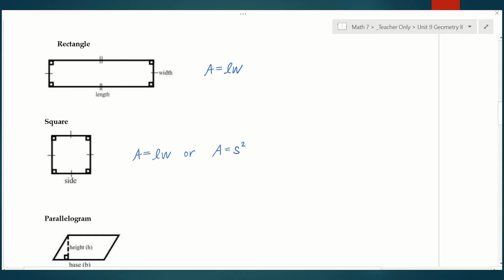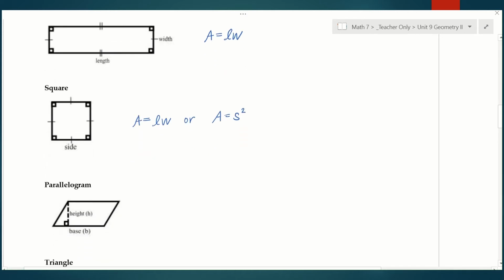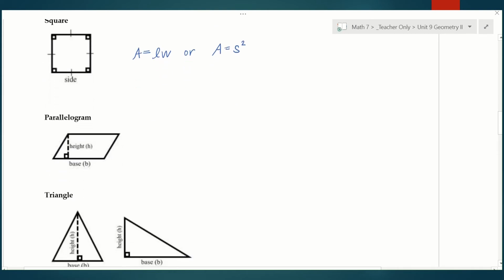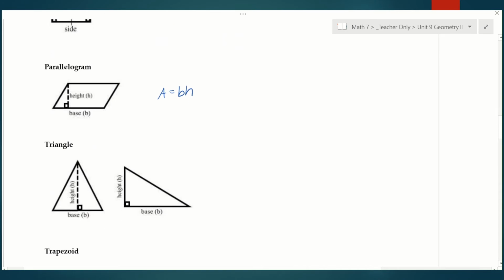So you're actually going to see me use that whenever we have a square. Okay, but you could use either one. For a parallelogram, we use base times height. Okay, so the base times the height there in the picture.